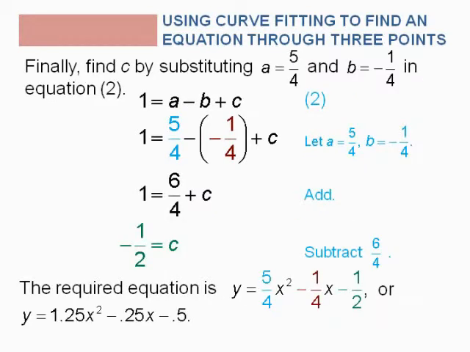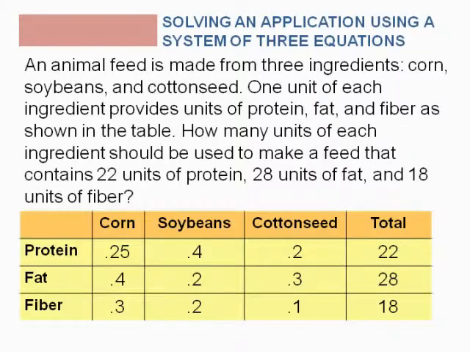And then, back substituting, we get c is -1/2. So the equation we are seeking, for the parabola going through those 3 points, is y equals 5/4 x squared minus 1/4 x minus 1/2, or you could also write it as a decimal below.